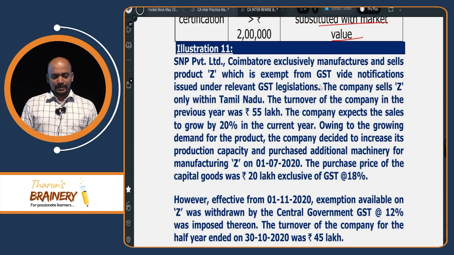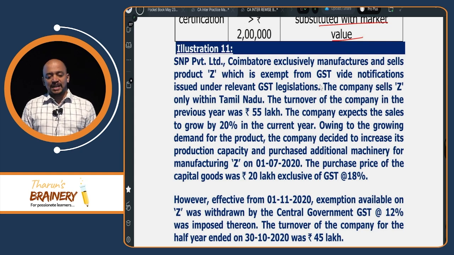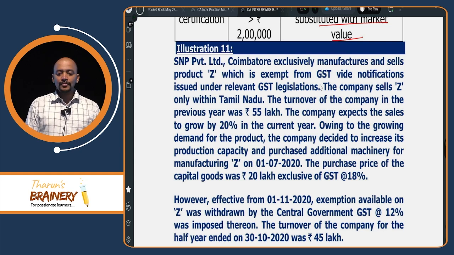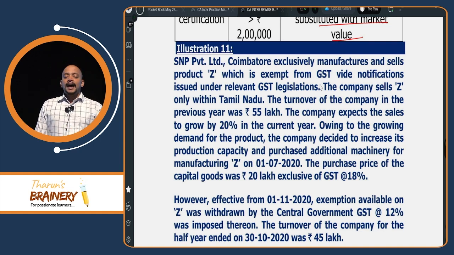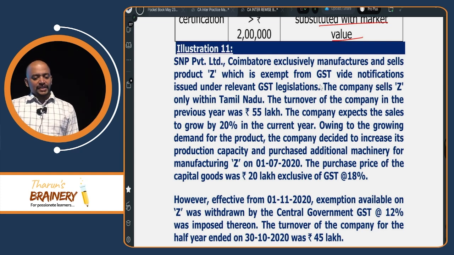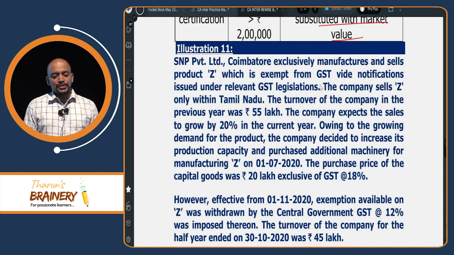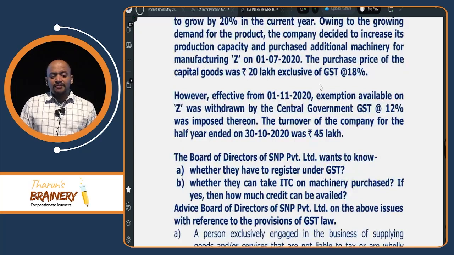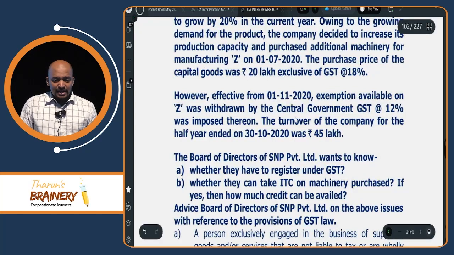The company expects the sales to grow by 20% in the current year. Owing to the increasing demand for the product, the company decided to increase its production capacity and purchased a machinery on 1/7. The purchase price of the capital goods was 20 lakhs exclusive of GST at 18%. However, with effect from 1/11, exemption is withdrawn on product Z.